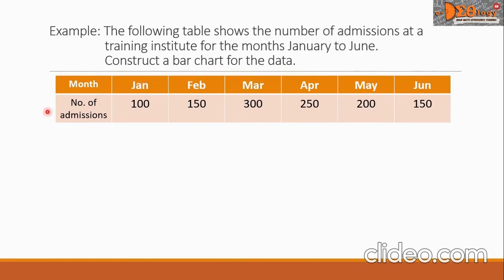The second row is the number of admissions, or we can say the frequency. The first is 100 for January, 150 for February, 300 for March, 250 for April, 200 for May, and 150 for the month of June.